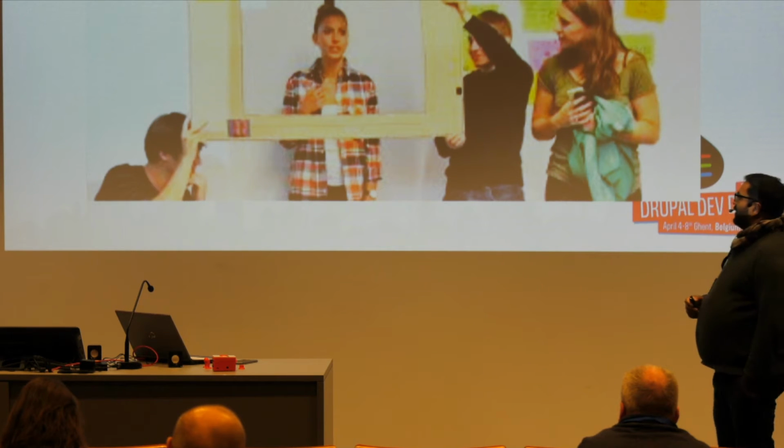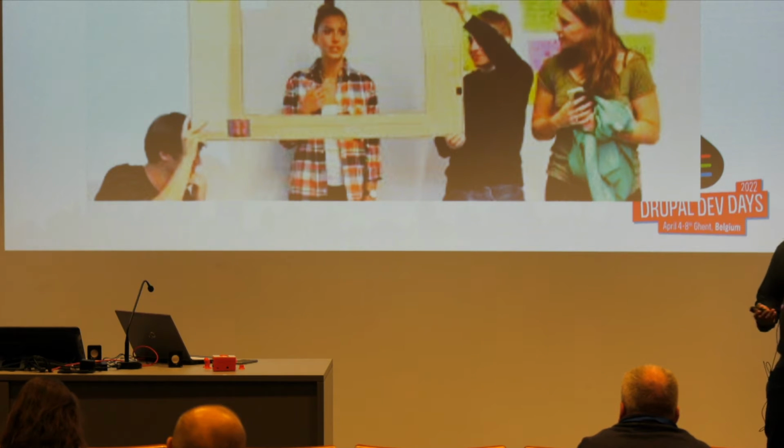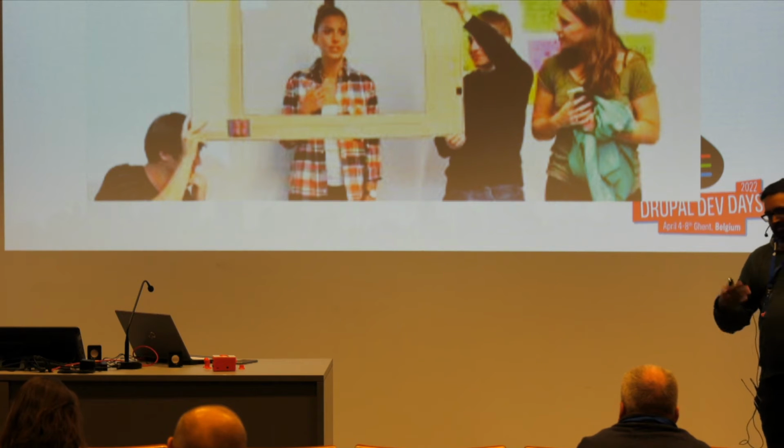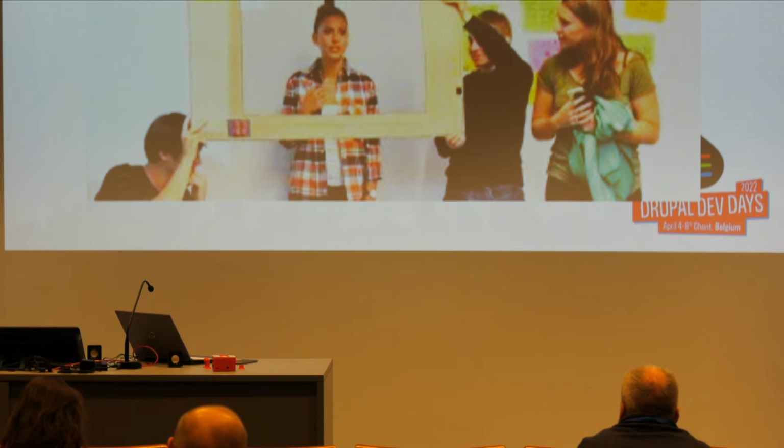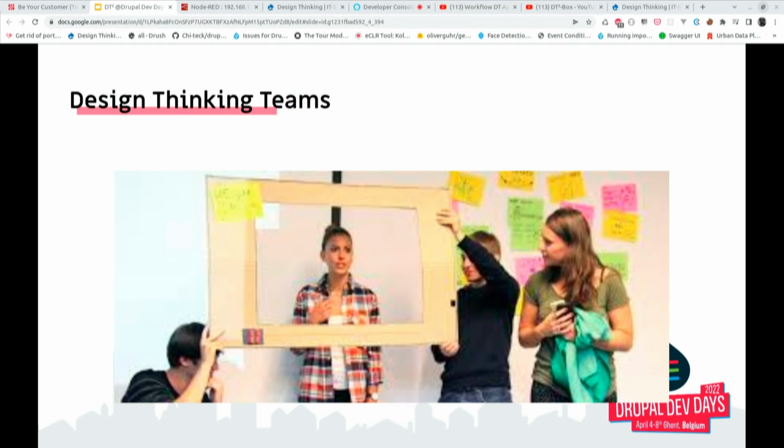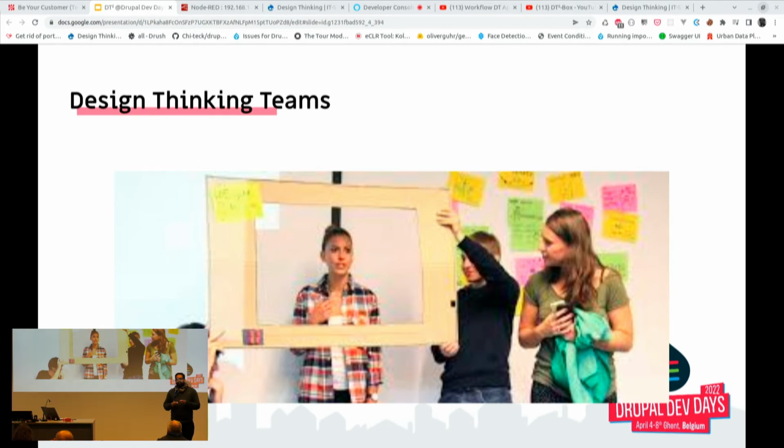One point is the design thinking team. As I told you, they should be very interdisciplinary. At our university, this is not always the case, because if you are a student, you want to get your credit points, and if you don't get your credit points, it's a little bit tricky.